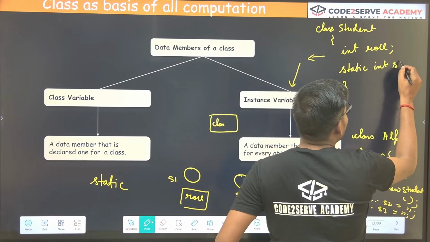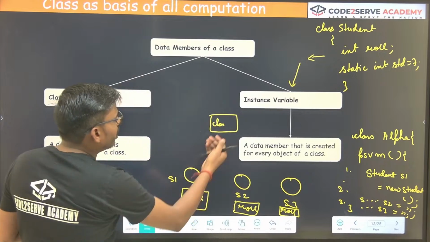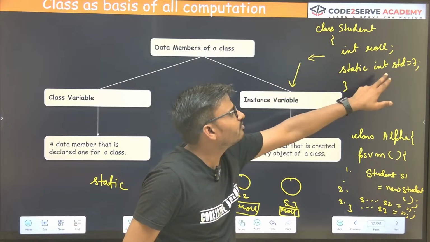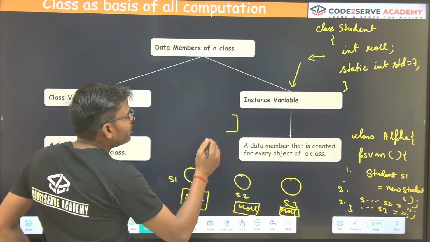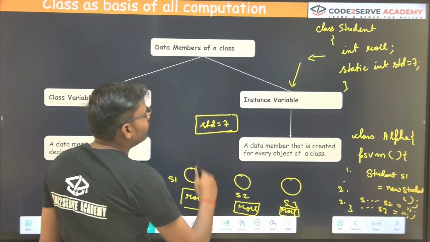You can think of standard, which standard you are studying. We cannot name it class, because class is already a keyword and we cannot create a variable with a keyword. So suppose here is standard std, and the standard value is 7.